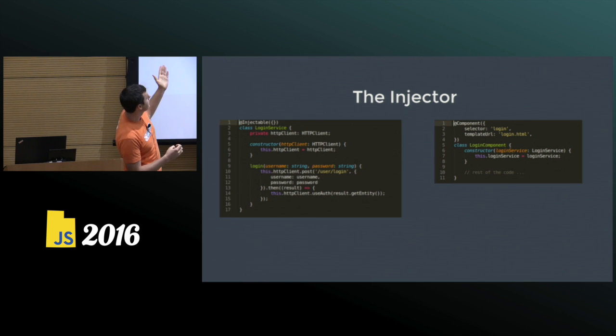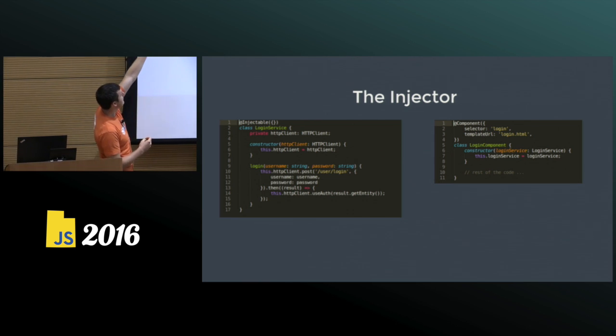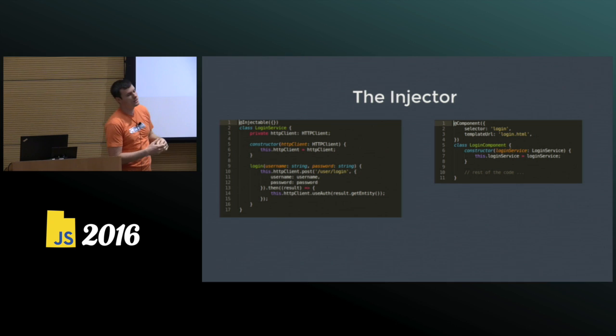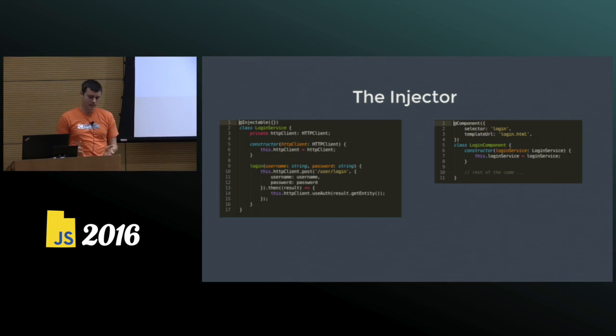Well, with Angular, all you have to do is annotate your login service as injectable. And so that lets the injector know what inputs this component has. And by inputs, I mean their constructor, right? So anything that you have in your constructor is now injected in. So in this case, the injector would also have an HTTP client available to it.